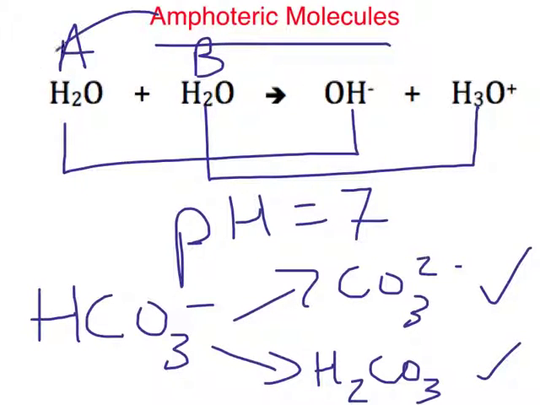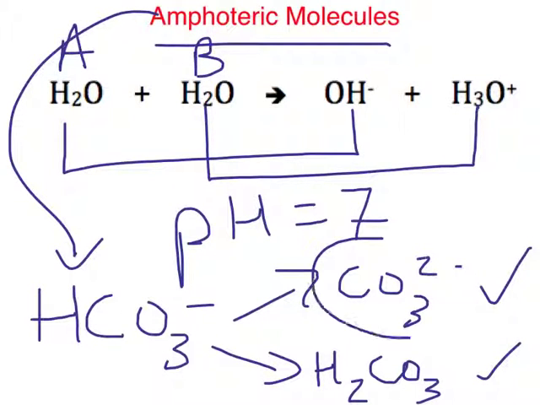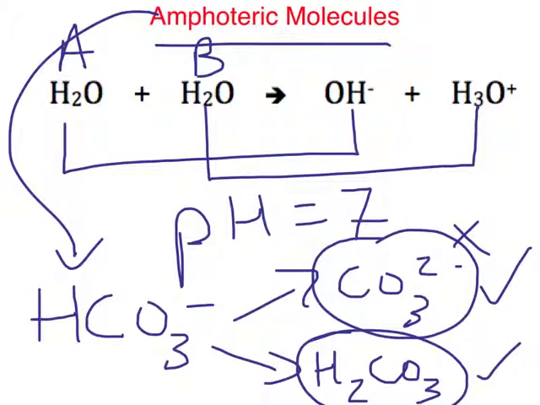So this molecule is amphoteric. However, this molecule is not amphoteric because it cannot act like an acid. It doesn't have an H to give. And probably neither is this one, although technically it could gain an H, it's probably not going to. This one, on the other hand, can't be both. So if it has the ability to gain and lose a proton, like water does, it's amphoteric.